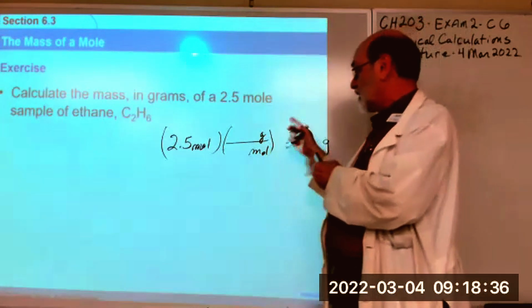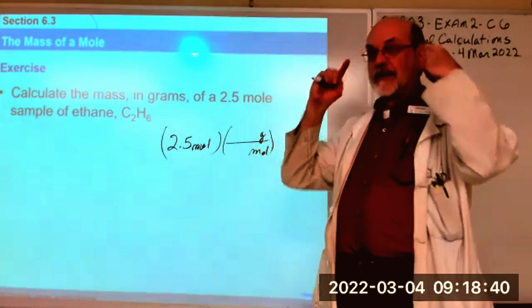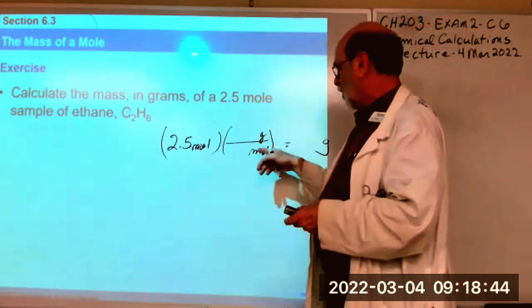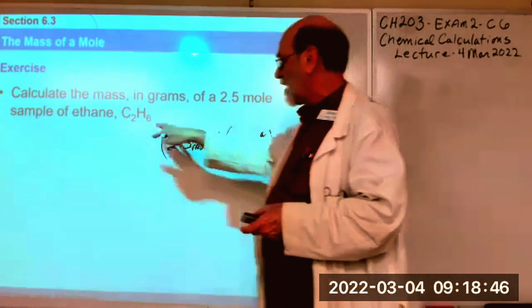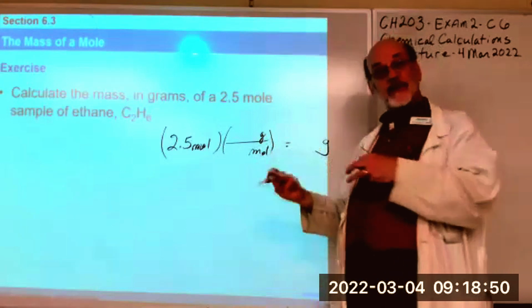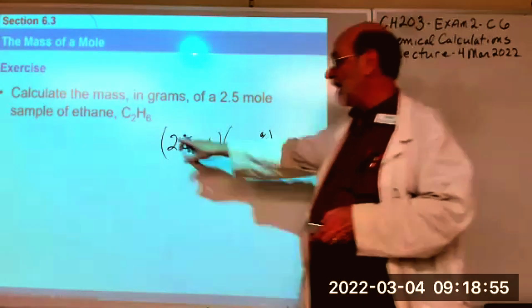Okay. Whenever you see grams and moles in a quotient relationship, molar mass every time. So what's the grams per mole of that compound? Well, it's 2 times 12.01 plus 6 times 1.01. And that will give you the molar mass of that compound.